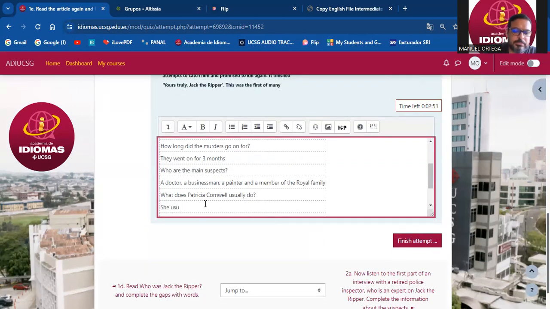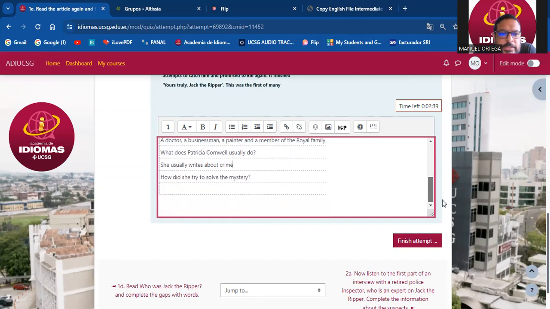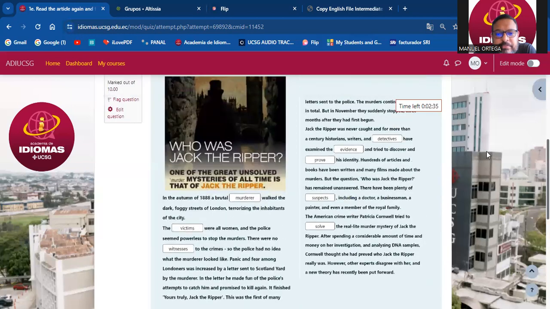She usually writes about crime. And the last one, how did she try to solve the mystery?